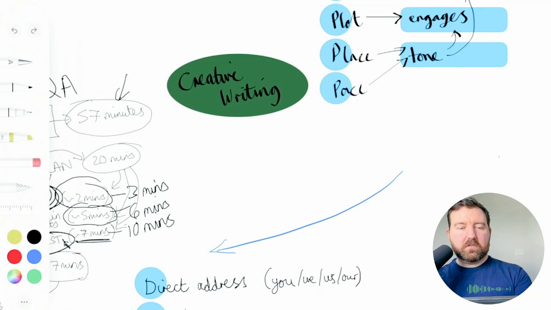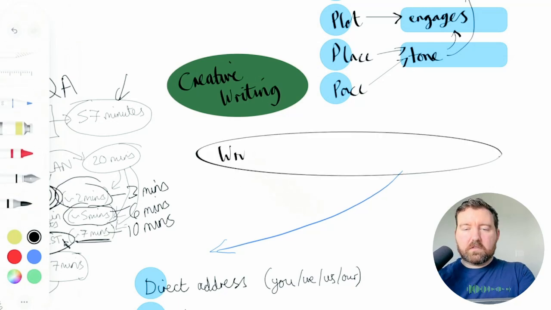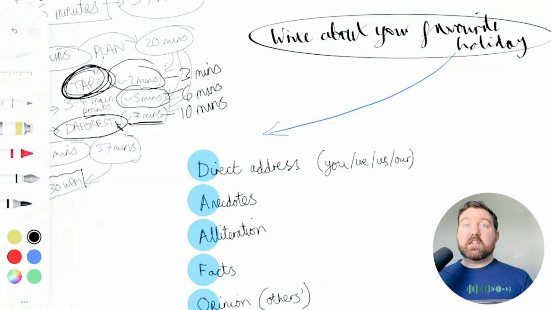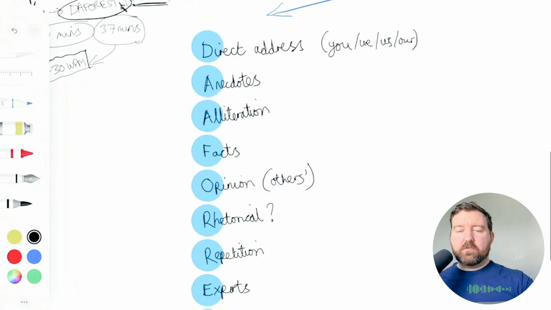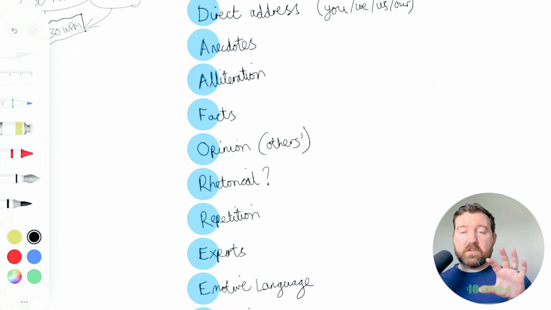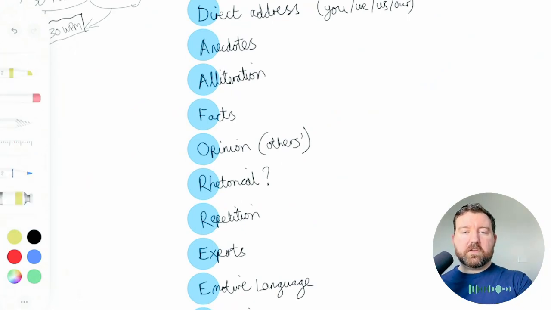Sorry, I want to put it down here. I guess I'll handwrite it then. Write about your favorite holiday. With transactional writing, you have FOREST, which is what you should memorize. And if you haven't looked at my transactional writing video, that's really useful for creative writing.